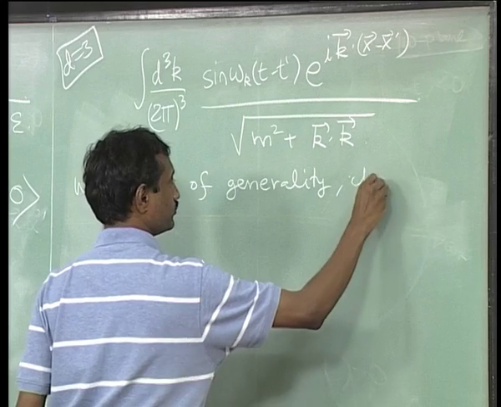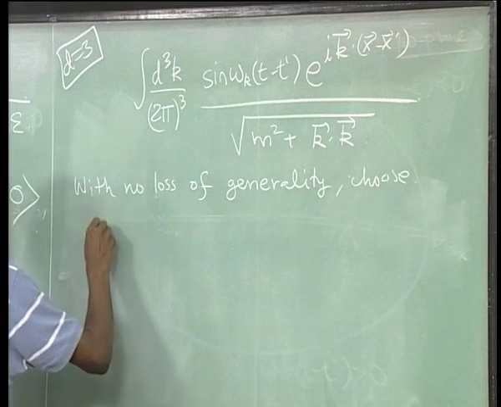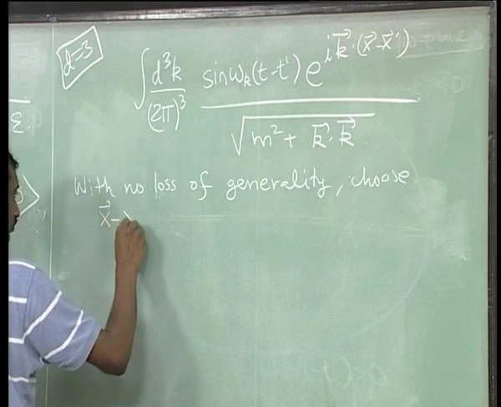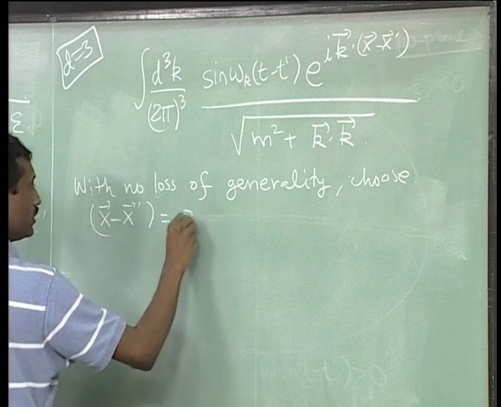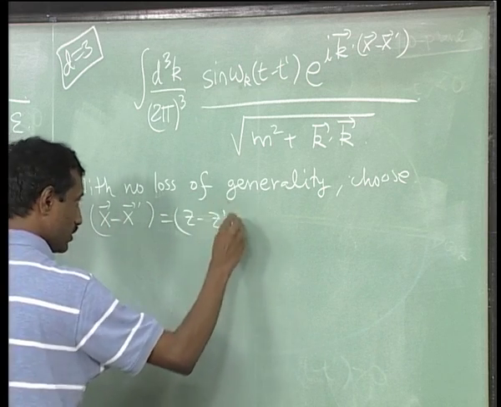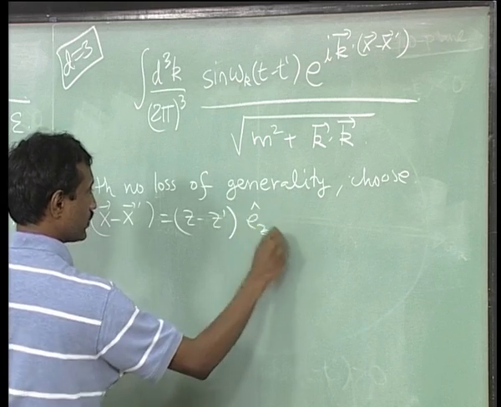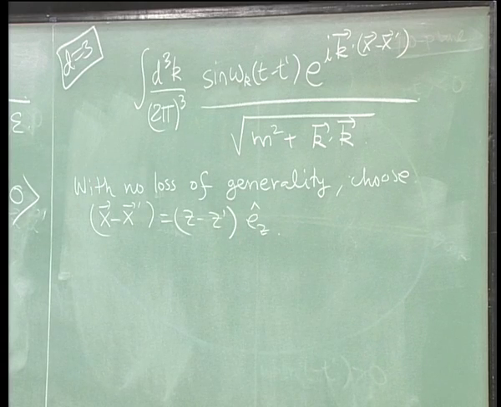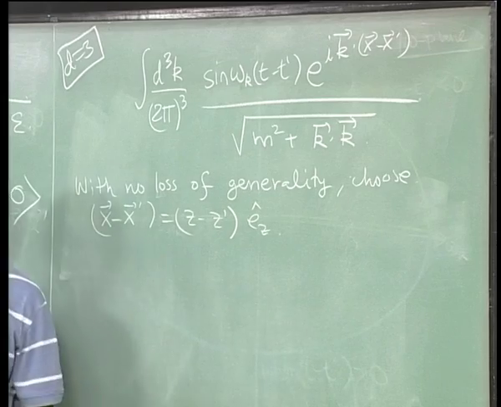Choose x minus x prime to be z minus some z prime along the z direction. And to simplify things even more, I will just set z prime to be 0 because it is only on the difference.